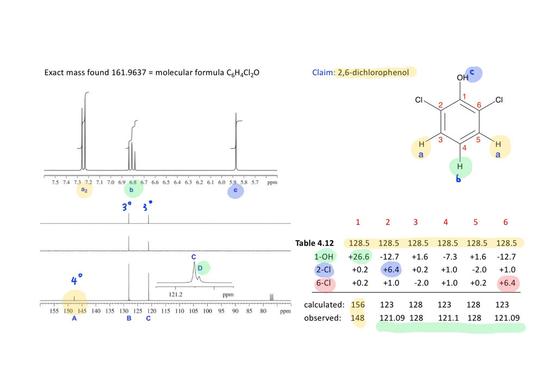We can make a claim that D may be carbons 2 and 6 due to the very weak signal due to the absence of protons attached to carbons 2 and 6, due to the absence of one bond nuclear-nuclear Overhauser enhancements.